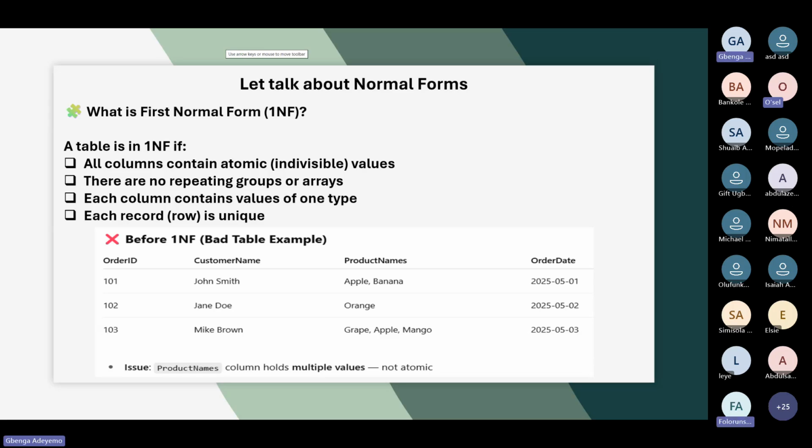If we have customer ID in this table and you still want to divide it again, it doesn't make any sense. What I'm trying to say is that with 1NF, what we should focus on is the 1NF rules. We should not look outside that.